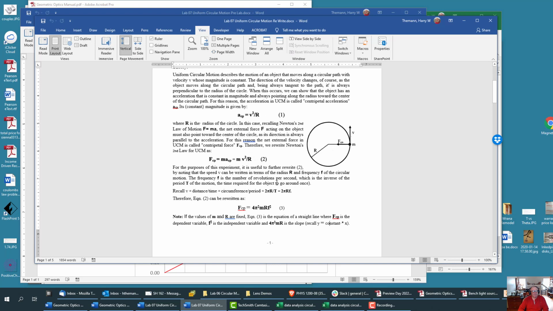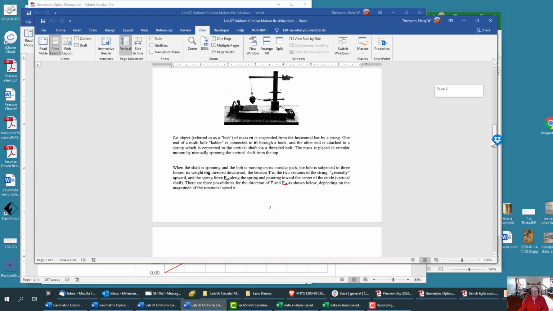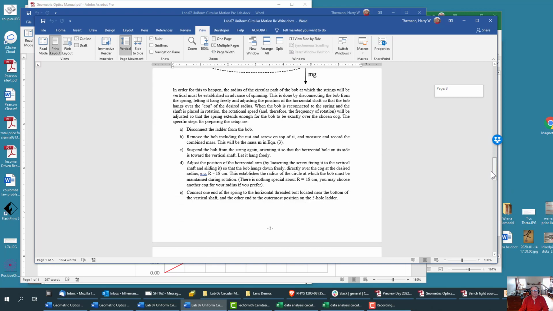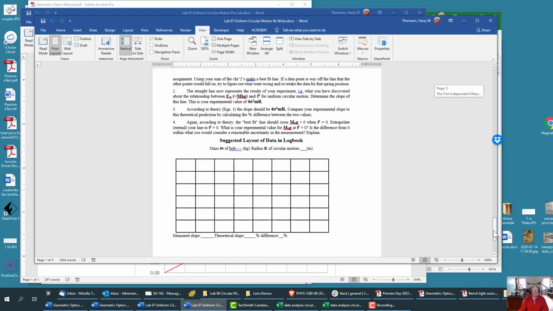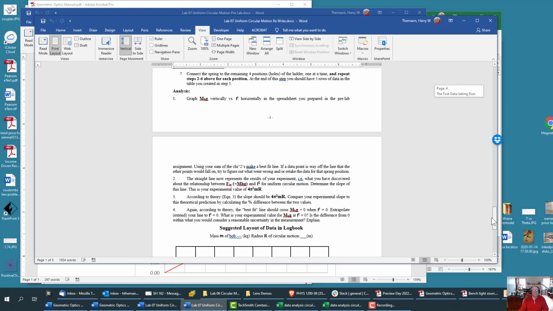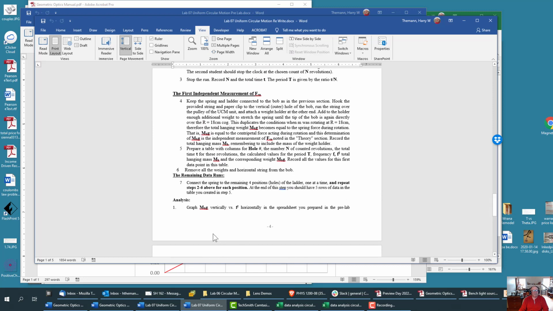So we're going to pick different F centripetals, and we're going to measure F squared, and we're going to do this by, let's see, the data table. Well, that's not very useful. So, we're going to change the spring constant, basically.